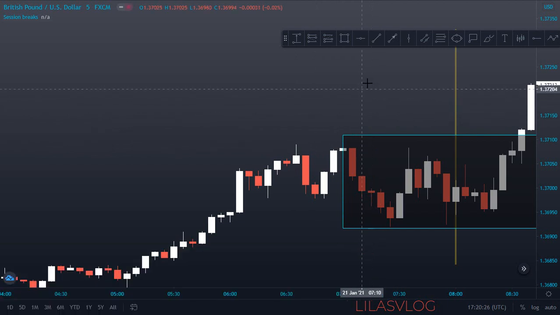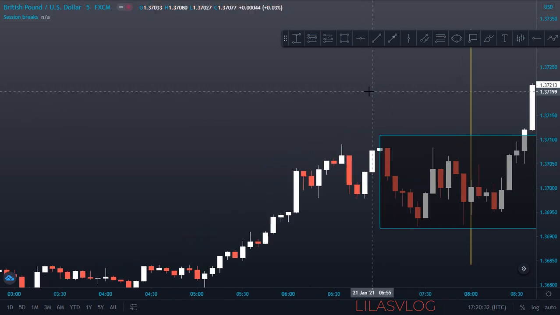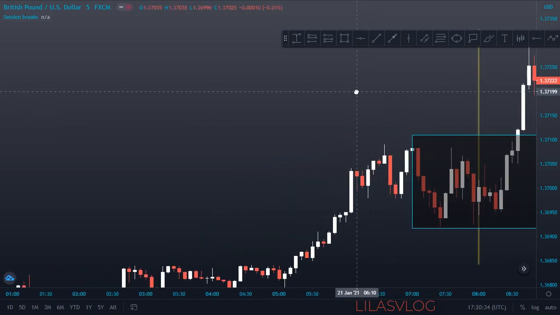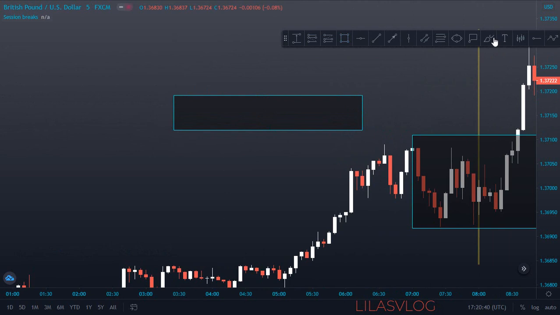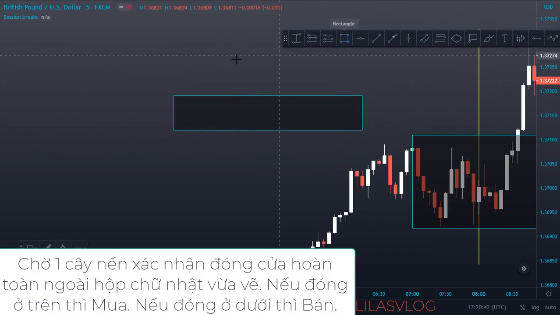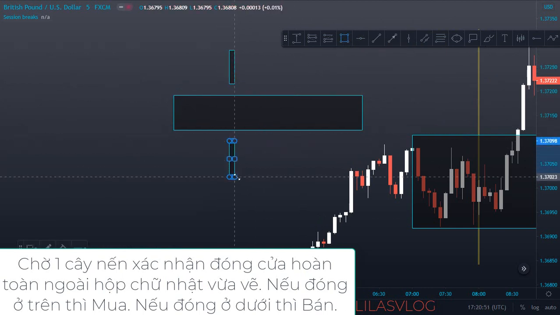So for a breakout, we need a confirmation, and our confirmation is the candle closing completely above the box, or below the box. So this is our confirmation.